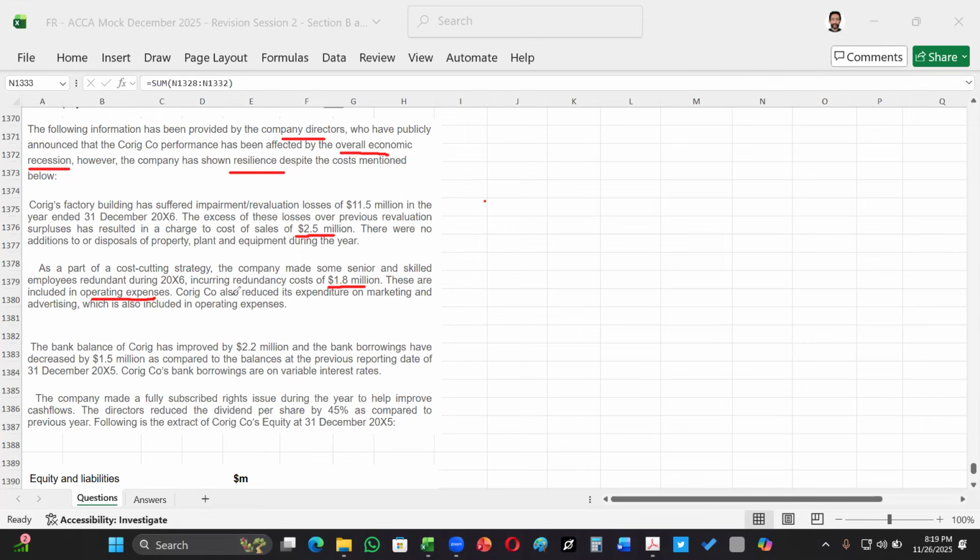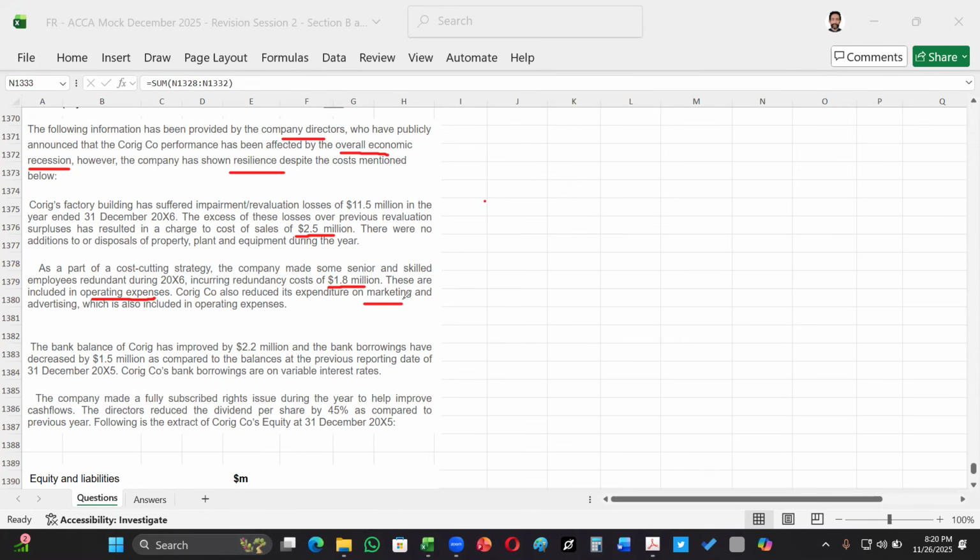Okay. Corico has also reduced its expenditure on marketing and advertising, which is also included in operating expenses. Okay, so they say that the marketing cost has reduced. This shows why the revenue has dropped, because you see, you have to spend on marketing and advertising for the revenue to increase. We see that there is a sharp decline in the sales revenue.